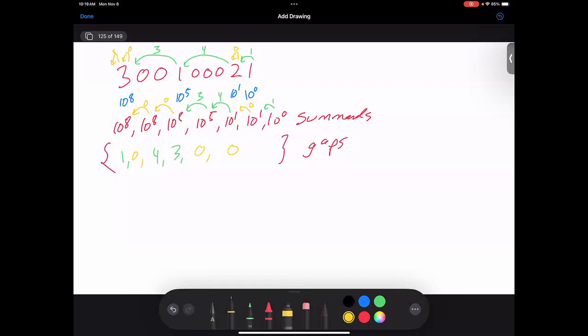What makes base 10 a little bit hard is that I've got to be careful because I could have lots of gaps of length 0. It's not too bad to look at this, but it's much easier in binary. In binary, what are the possible lengths for gaps?